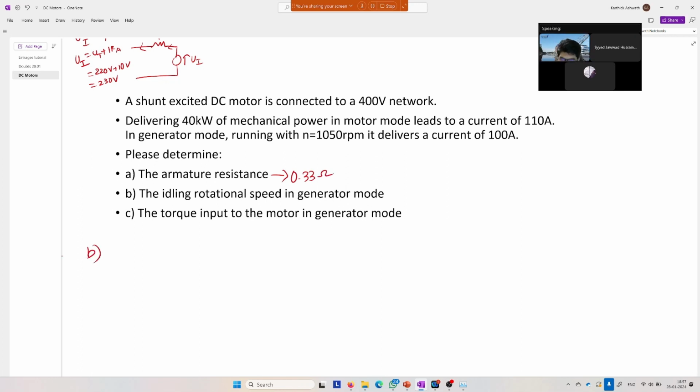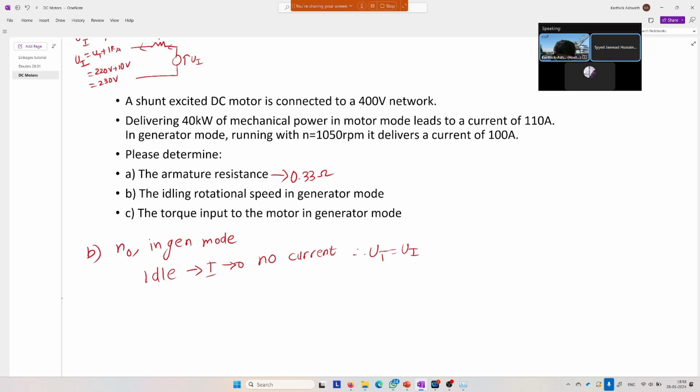So part B, the idling rotational speed N naught, is asked in generator mode. Idle means I tends to 0, no current. Therefore UT equals UI.